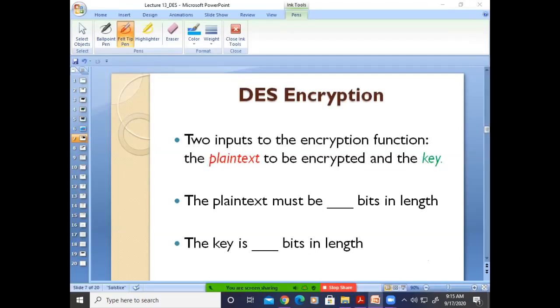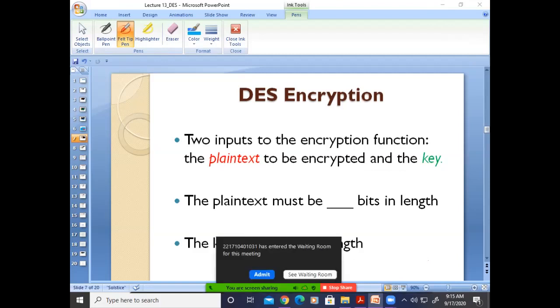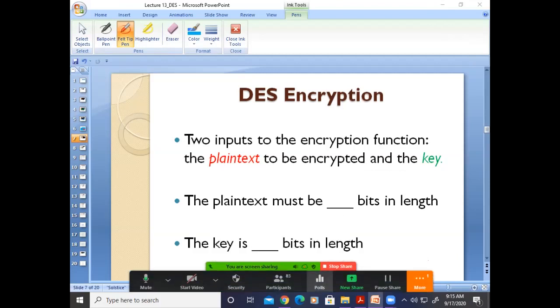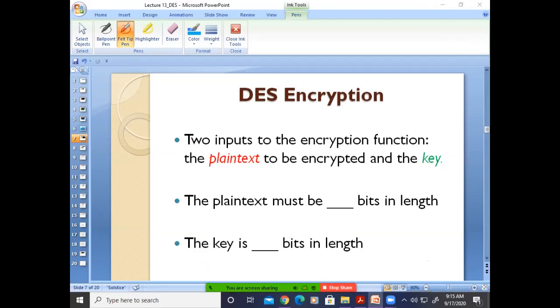The DES encryption technique takes two inputs, the plain text and the key, and the plain text block must be 64 bits.